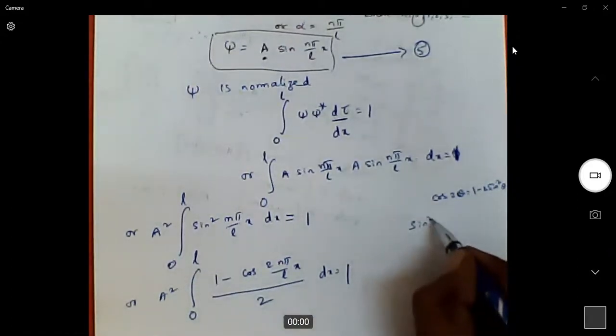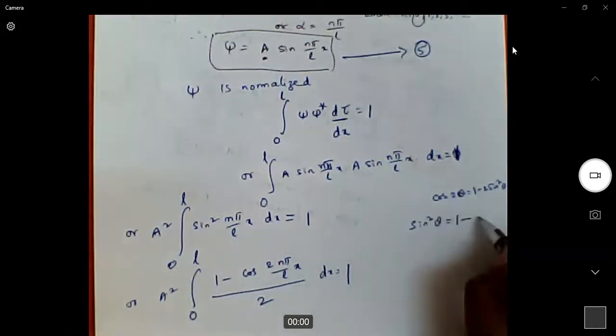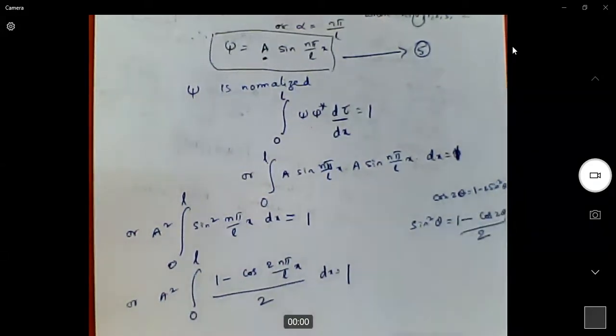Sin square theta is equal to, you make this left side, cos 2 theta right side, so it becomes 1 minus cos 2 theta. Because we have 2 into sin square theta, it becomes the denominator. So we need to solve this, or we can further simplify it.